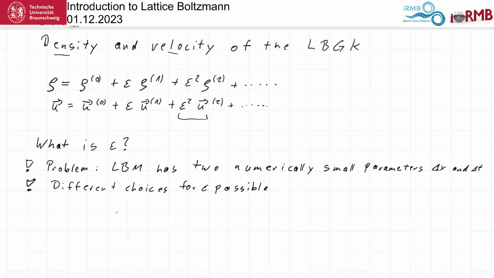So we have infinitely many, but there are two obvious ones which are in use in the literature. Say there are two choices that actually have names. They are so obvious that they have been given names. Yeah? And the first one is the acoustic, and the second is the diffusive scaling.